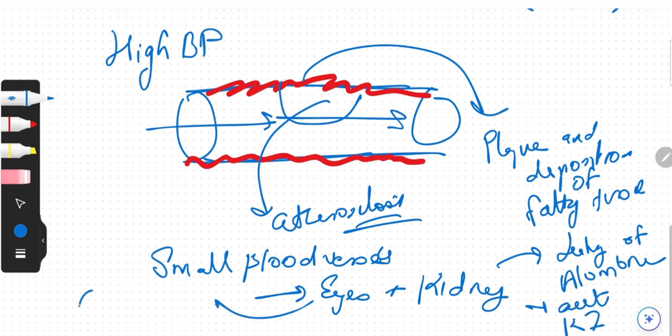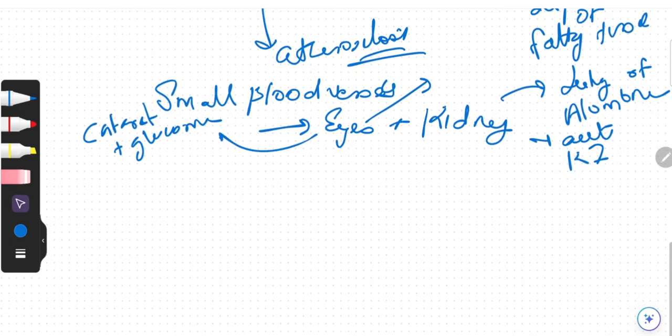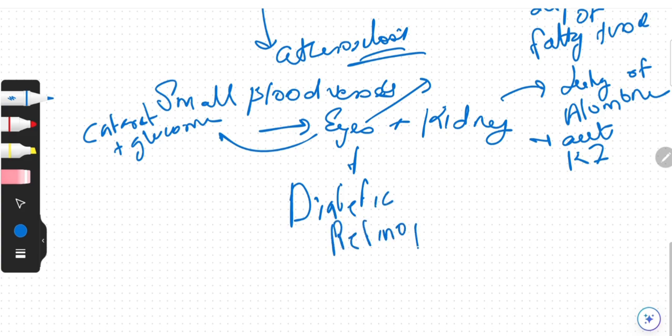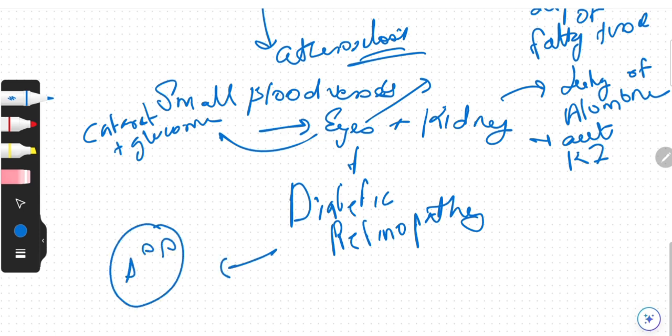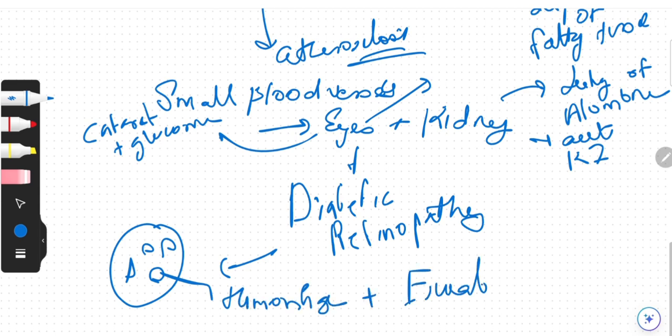In the eyes, cataract plus glaucoma in the earlier stages, and we can also see diabetic retinopathy. Diabetic retinopathy under a microscope will show hemorrhages and exudate formations. Thank you for today's class. We will discuss later.